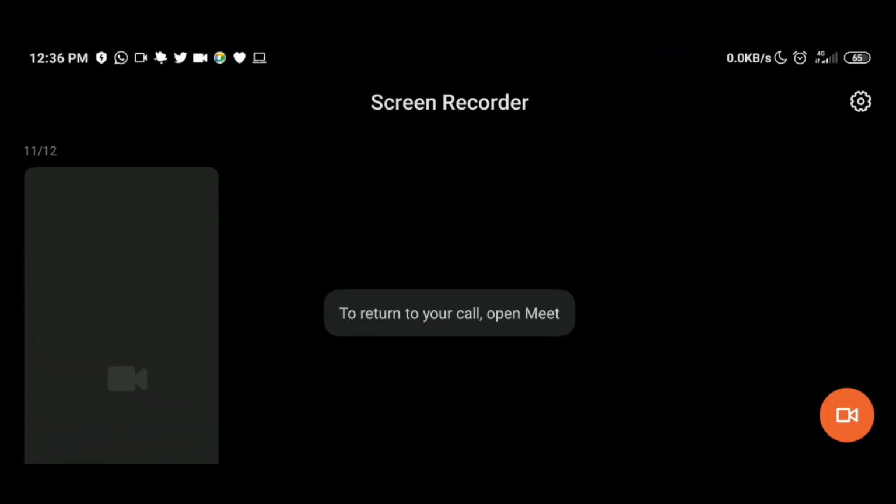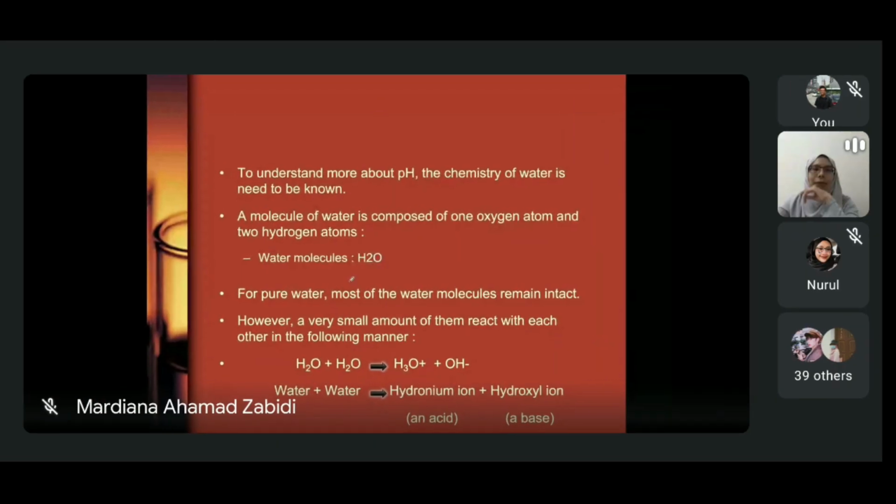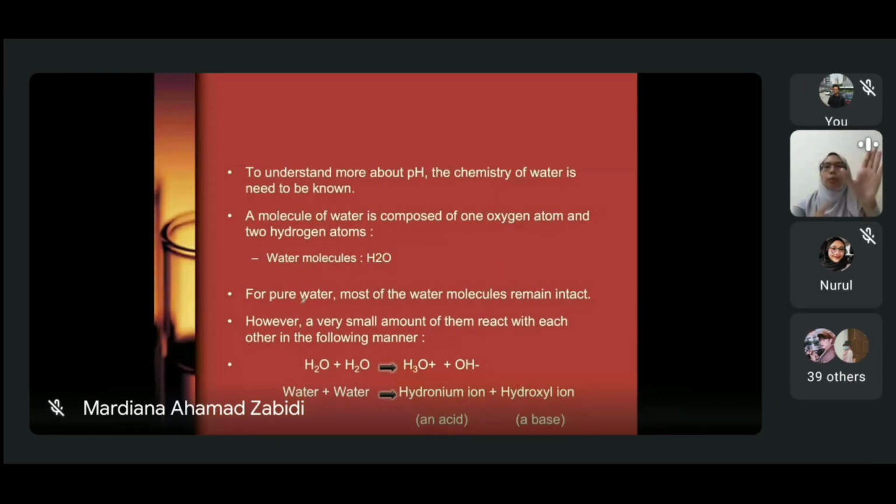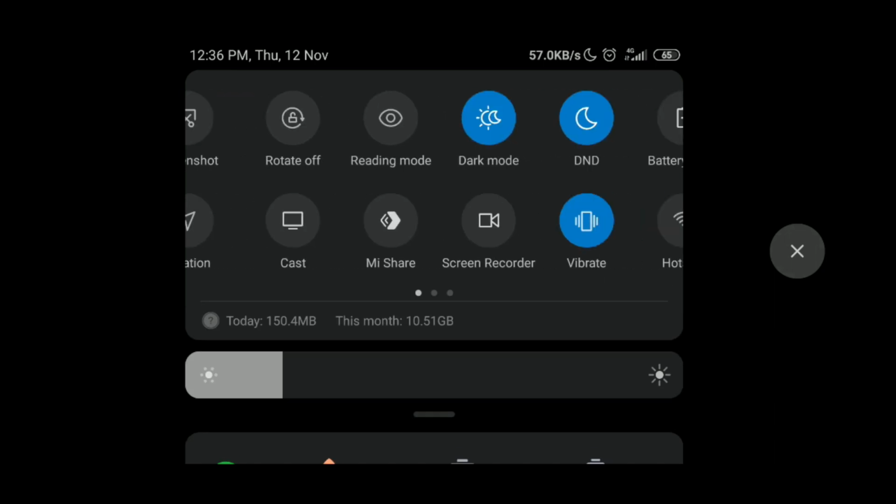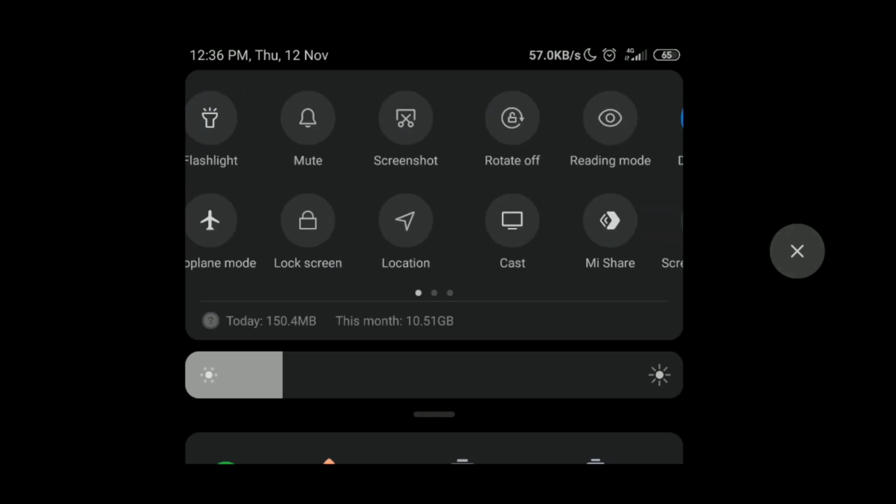Okay, and then for pure water ni apa maksud dia? Pure water ni contoh distilled water, deionized water. Okay, kalau you all tengok dekat market, we have distilled water, drinking water, mineral water. Distilled water, this one is also known as pure water.